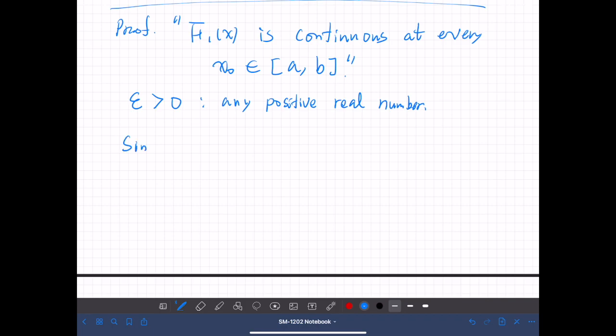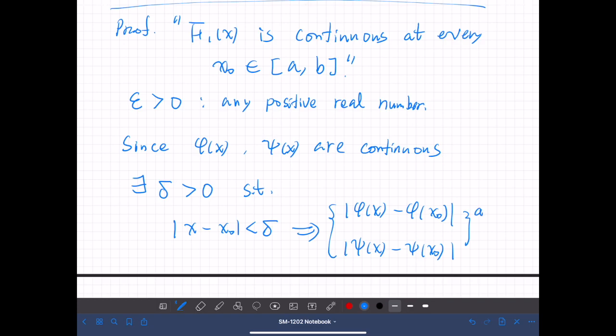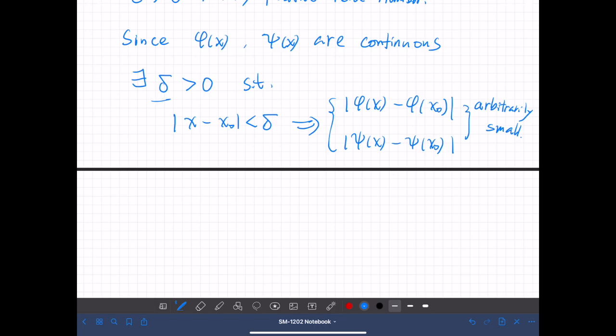And we are assuming that phi and psi are continuous, so there exists a positive real number delta such that if the absolute value of x minus x0 is less than delta, so x and x0 are close enough, then phi of x minus phi of x0 and also psi of x minus psi of x0 are arbitrarily small. So we can choose such a delta.